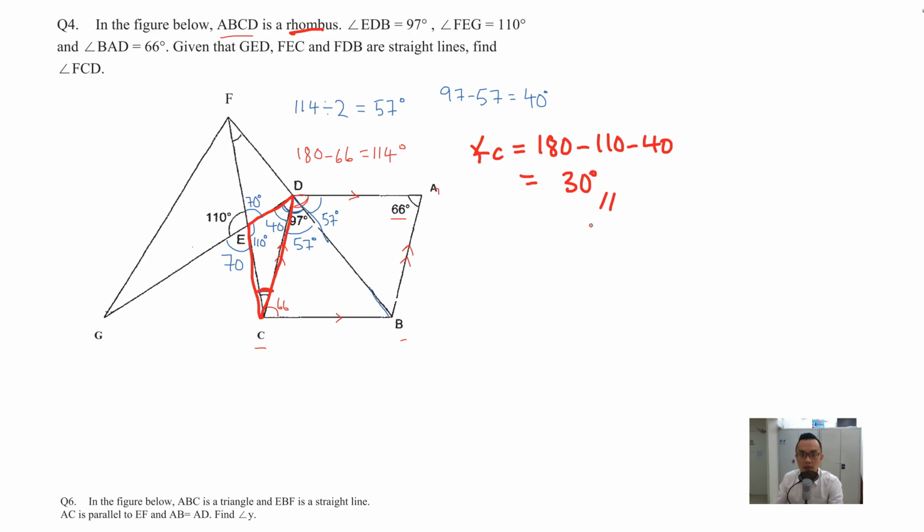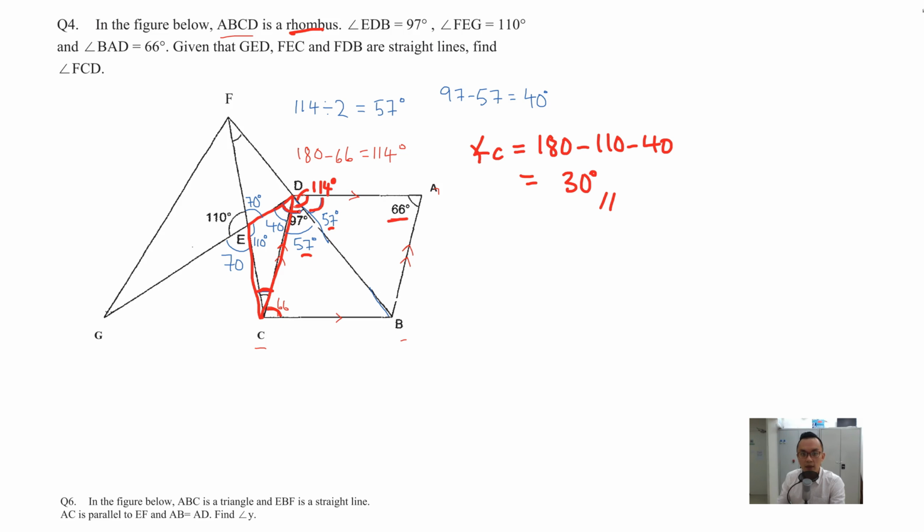And that's the answer. So I repeat my process again. First of all, I look at angle 66. As a rhombus, the opposite angle is also 66. And 180 minus 66 is 114, so this is 114 degrees. Because this line cuts through half, this is 57, and the other side is also 57.